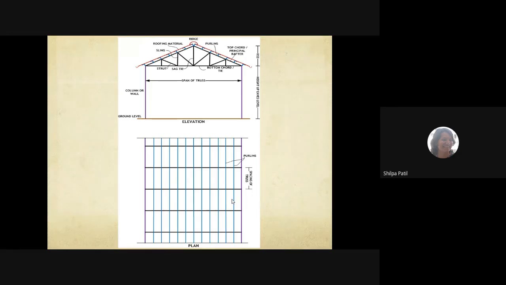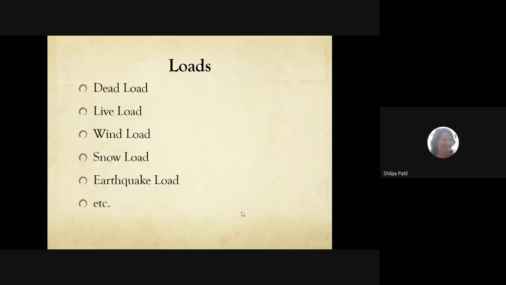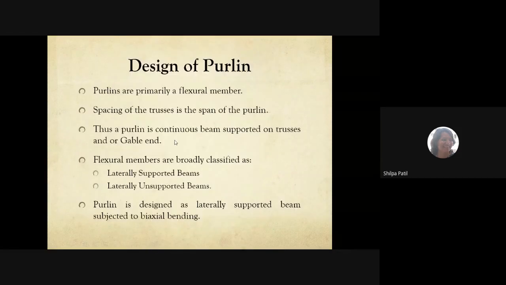That becomes easy for the design as well as for actual implementation. So the spacing between consecutive trusses in any given industrial shed is always kept the same, so that the span of the purlin can be the same throughout the length of the structure. So the span of the purlin is nothing but the spacing of the trusses.